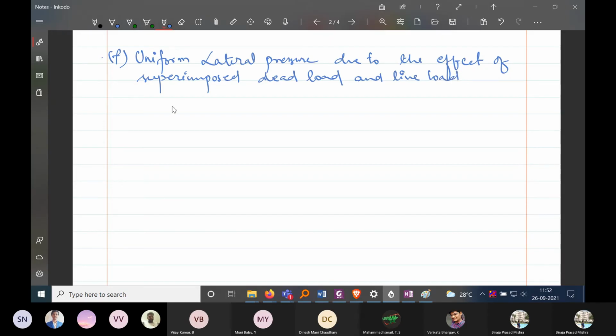Okay, so that will be calculated as, let us say I am representing it as capital P. So capital P equals DL plus LL, into 1 minus sine phi by 1 plus sine phi.